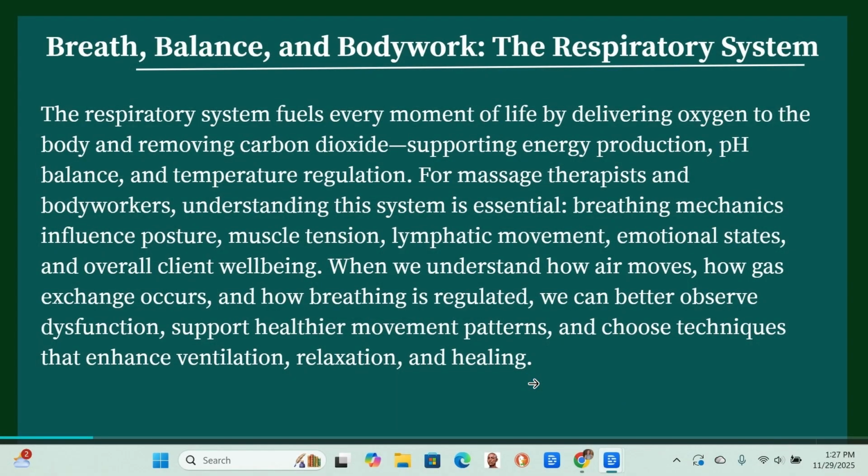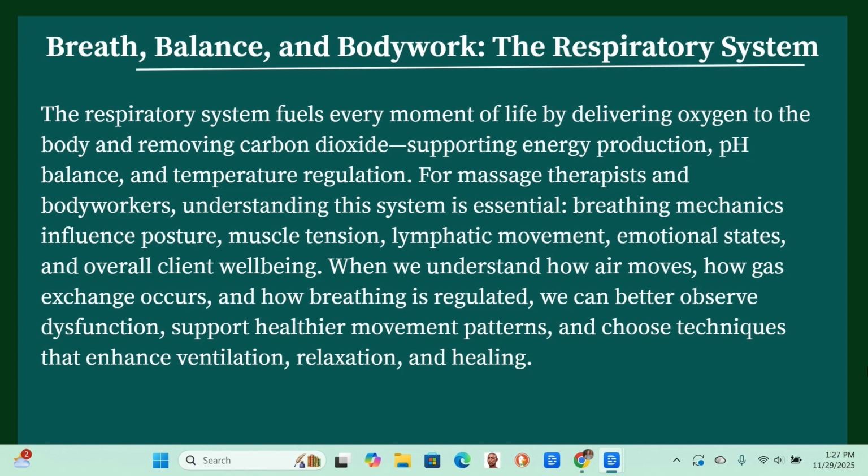Breath, balance, and bodywork, the respiratory system. The respiratory system fuels every moment of life by delivering oxygen to the body and removing carbon dioxide, supporting energy production, pH balance, and temperature regulation. For massage therapists and body workers, understanding this system is essential.